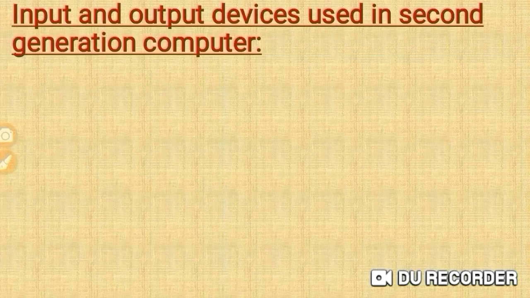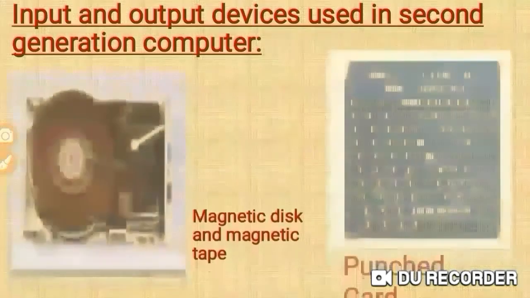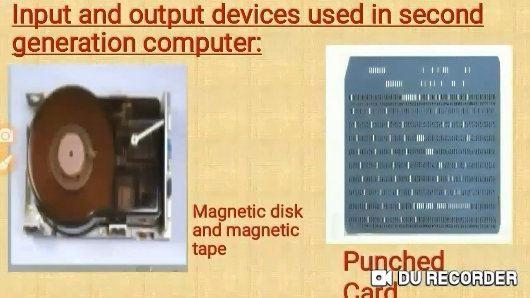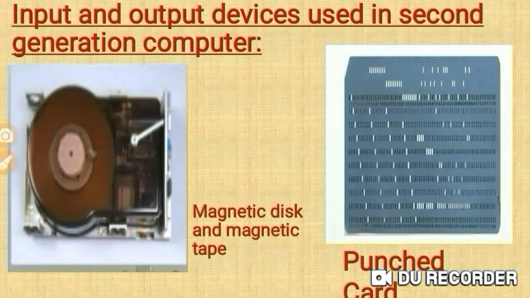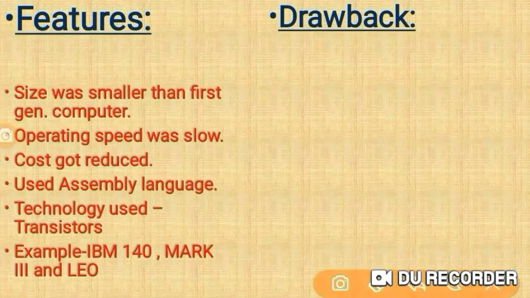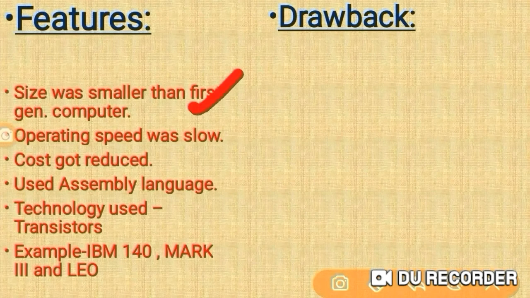Let's see the input and output devices used in this generation computer. Magnetic tape and punch card. These were the input and output devices used in this generation. Now we'll see the features. Size was smaller than first generation computer.